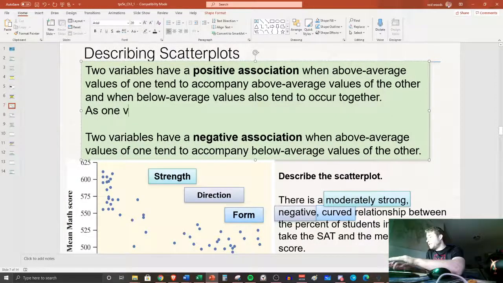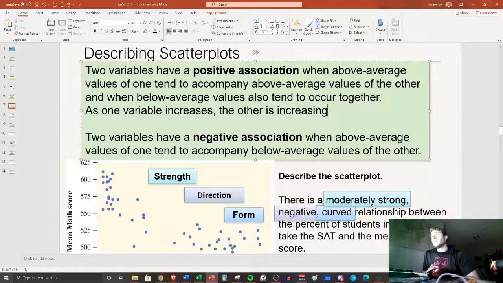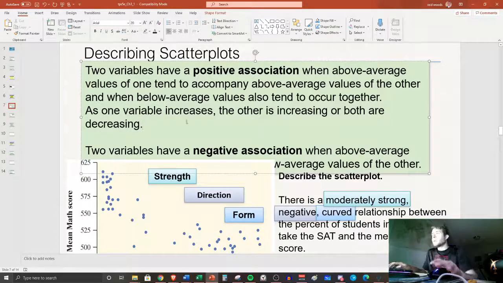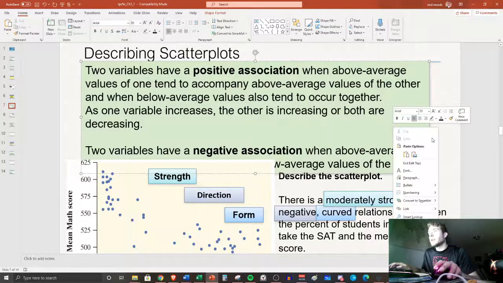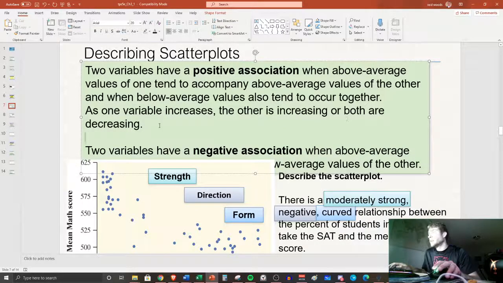Say as one variable increases, the other is increasing, or both are decreasing. That's really what that's trying to say. Okay. So we'll put that way. And so you're going to want positive association as the definition.